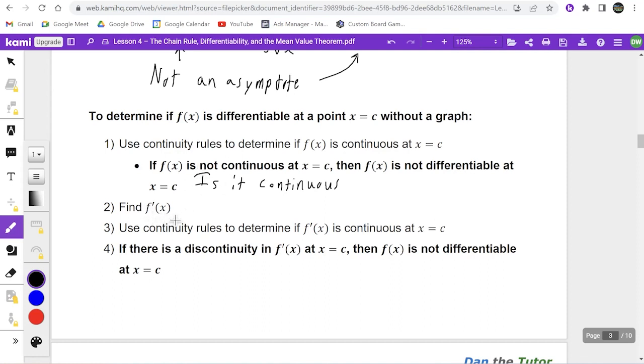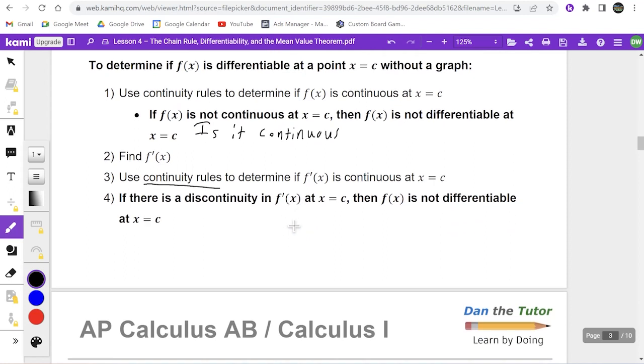Pretty straightforward. Step 3, use the same rules that we did for continuity to prove that f prime of x is continuous. Oh, and I should probably say what the continuity rules are because you're probably wondering. To be continuous, you have to check 3 things. Number 1, you have to say f of c exists, where c is just some number, the point you're testing. Okay, so c could be 2, 5, 1 million, whatever. That's the first check.